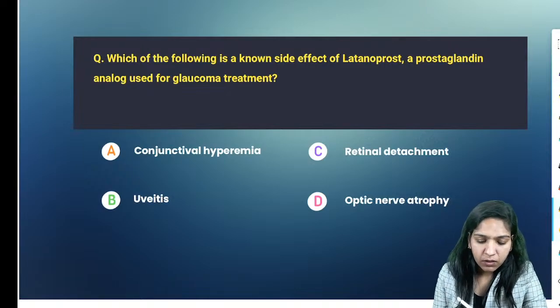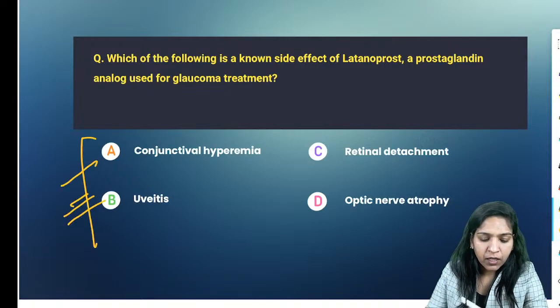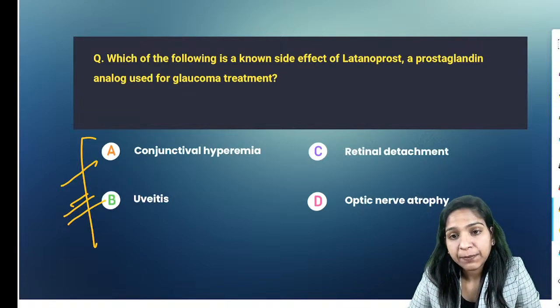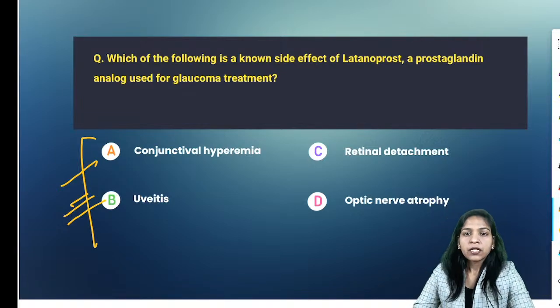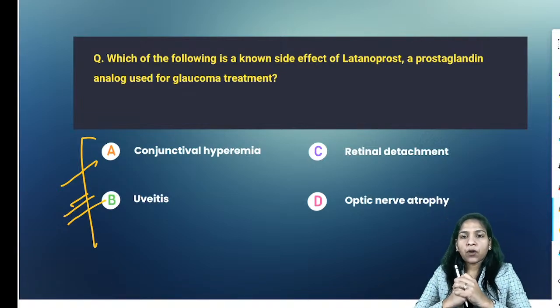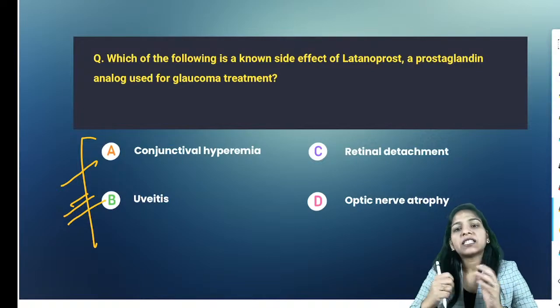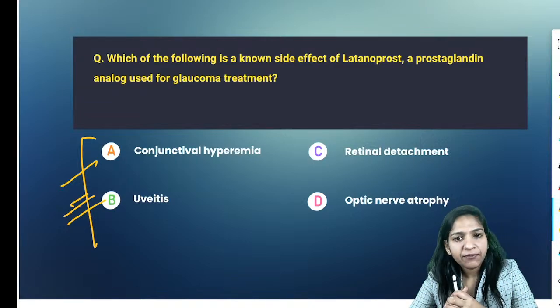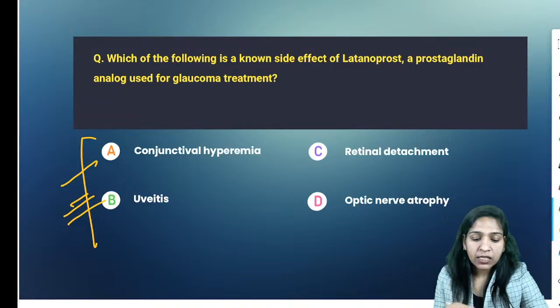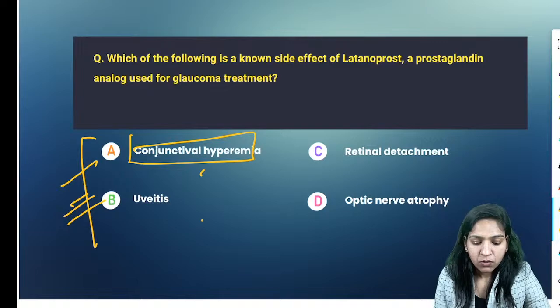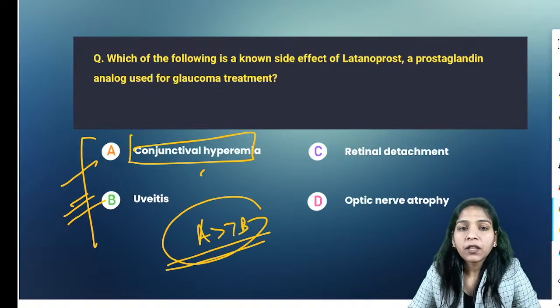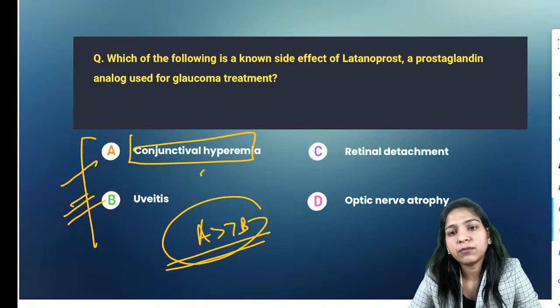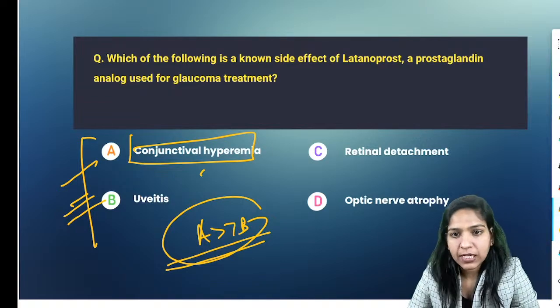So the confusion is between conjunctival hyperemia and uveitis, right? Latanoprost, the prostaglandin analog, causes both side effects, but the most common side effect caused by latanoprost is conjunctival hyperemia. So A more than B is the preferred choice, right? Conjunctival hyperemia is more common as compared to uveitis, right?